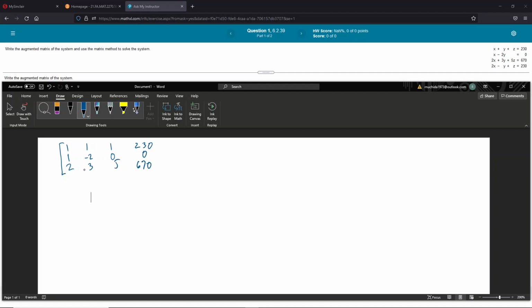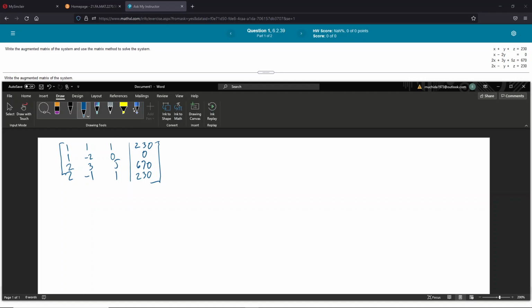And for the last one, we have 2x minus y plus z equals 230, so we have 2, negative 1, 1, 230. So that's our augmented matrix for the system of equations. Again, we have four rows because we have four equations.